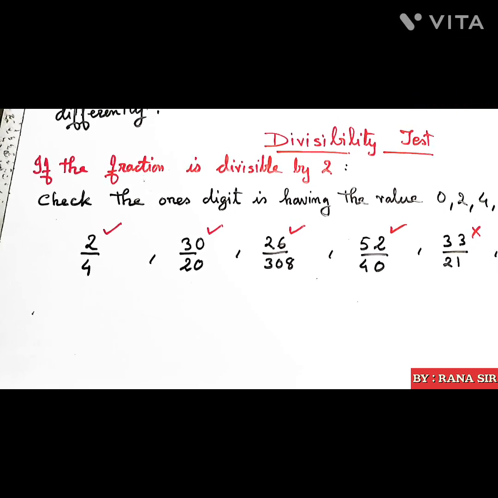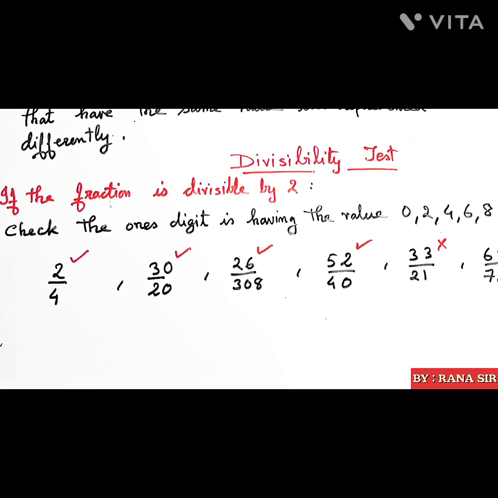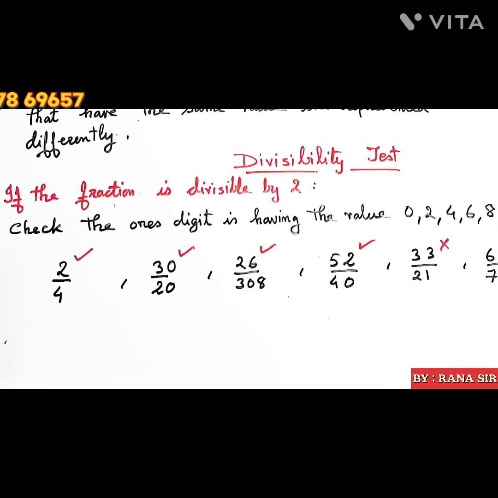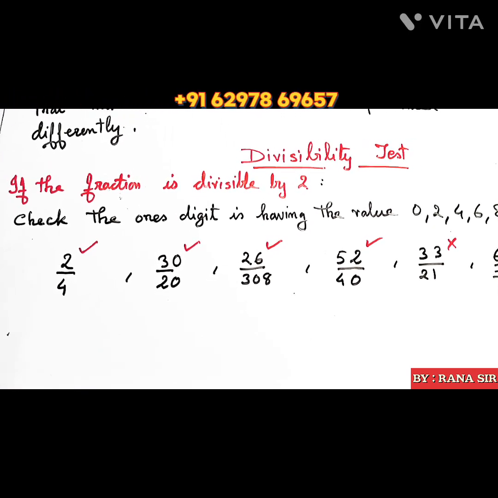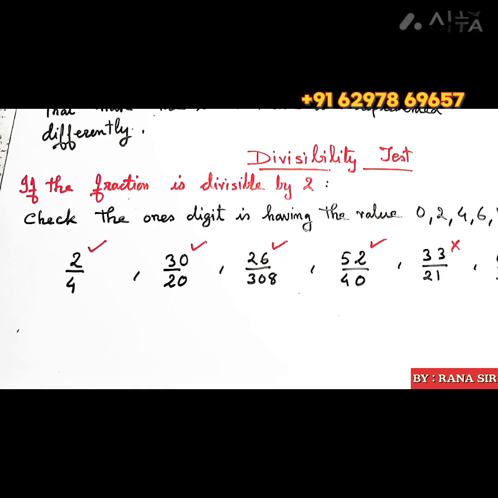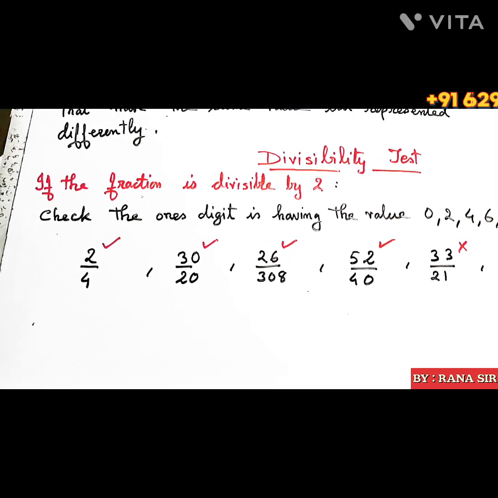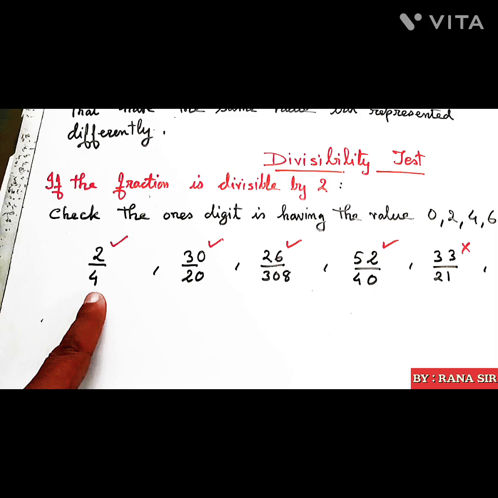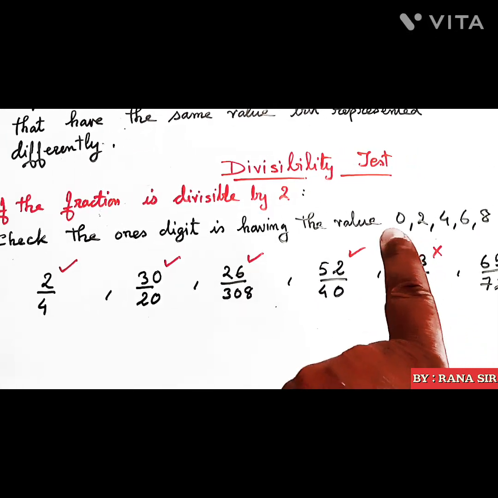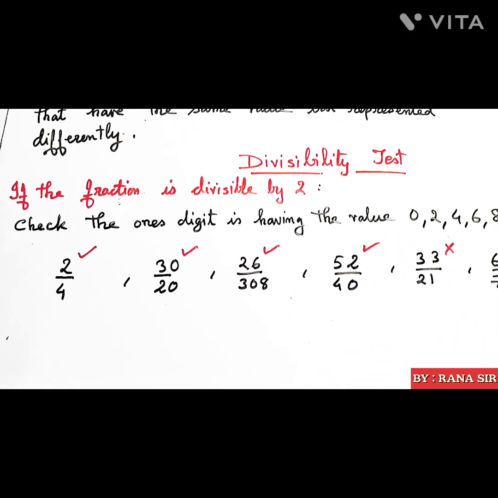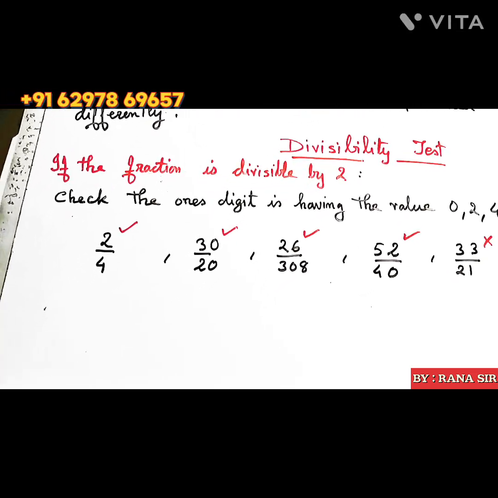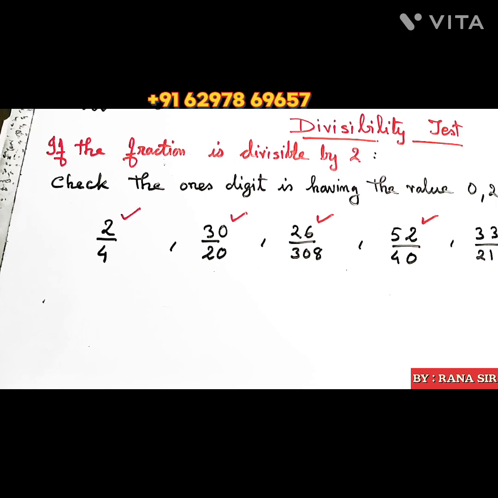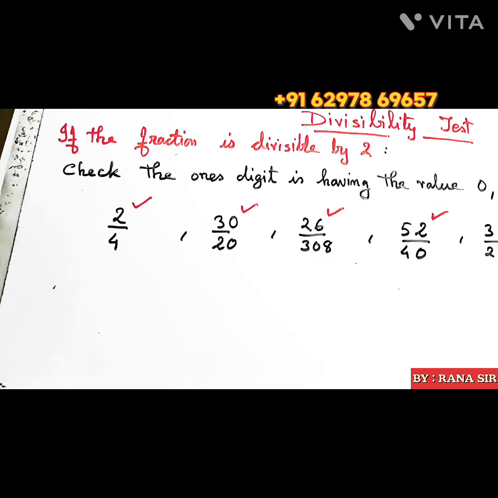To check, the ones digit should be 0, 2, 4, 6 or 8. Take the fraction 2 by 4. 2 and 4 are the ones digits, and both fulfil the condition of 0, 2, 4, 6, 8. Hence the fraction 2 by 4 is divisible by 2.